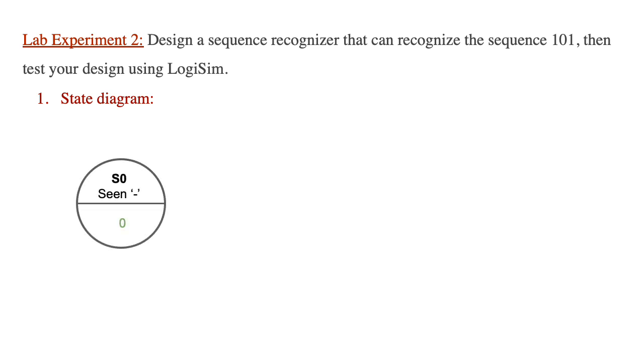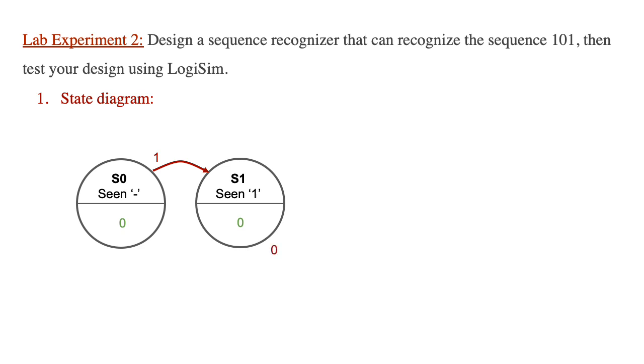In state 0, we've seen nothing because we're just starting, and the output at the bottom is 0. If we receive our first bit in the sequence, we're going to move on to a new state, state 1, and in state 1, we're going to say seen 1, and the output is still 0 because we don't have the sequence yet.